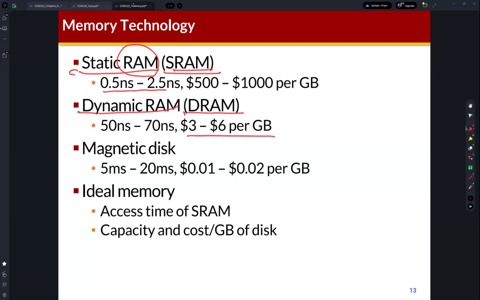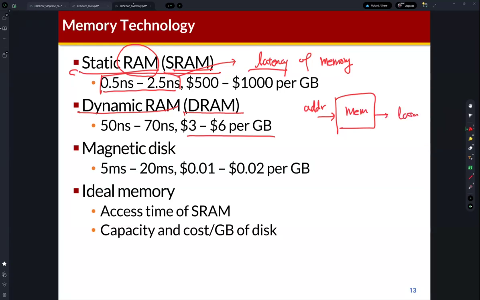This number here represents the latency of memory. What does it mean? What is the latency? If we give an address to the memory, then we can get data, right? But memory is hardware, so there is a delay, delta t.